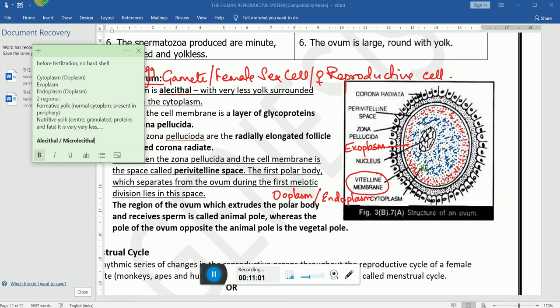So you will remember the term alecithal or microlecithal. Because my pen is not working, students, I'm not able to show you those granulated structures which form the nutritive yolk. Anyways, I believe you have understood it, and if in case you are not able to understand what I am saying, then please do let me know on the WhatsApp group.